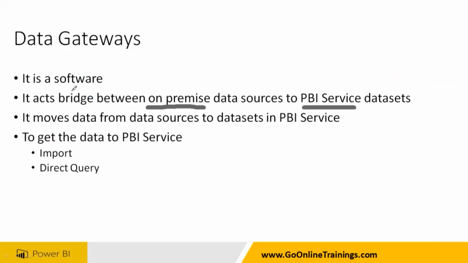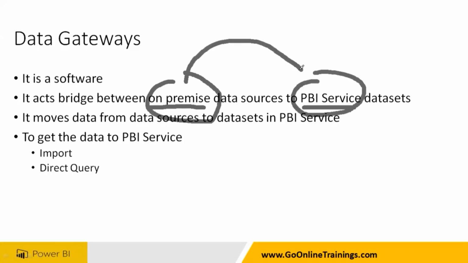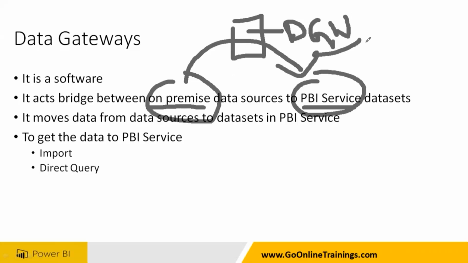If you want to refresh the data from on-premise to Power BI service, if you want to load the data, then we have to use data gateway software. You have to install the data gateway software at the source machine, not in the Power BI service.